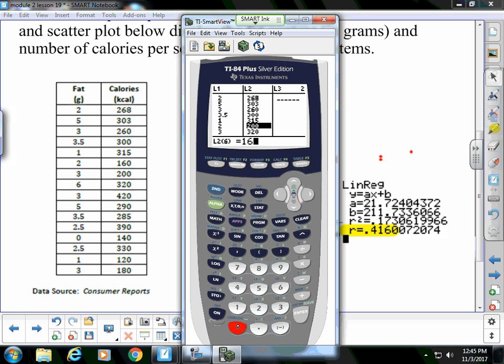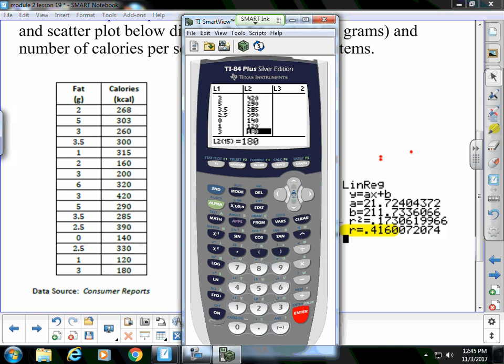Let's go 160 away. 3 is with 200, so it looks like I messed up. 6 is with 320. 3 is with 420. 5 is with 290. 3.5 is with 285. 2.5 is with 390. 0 is with 140. 1 is with 120.